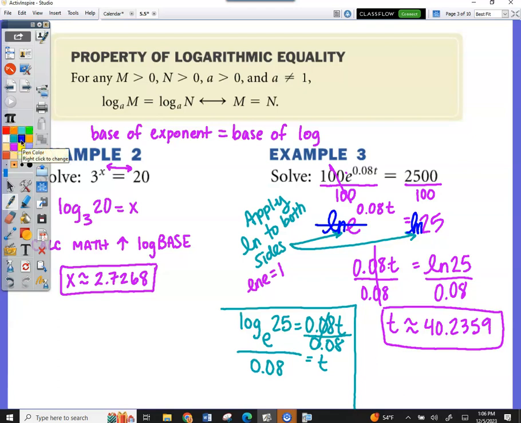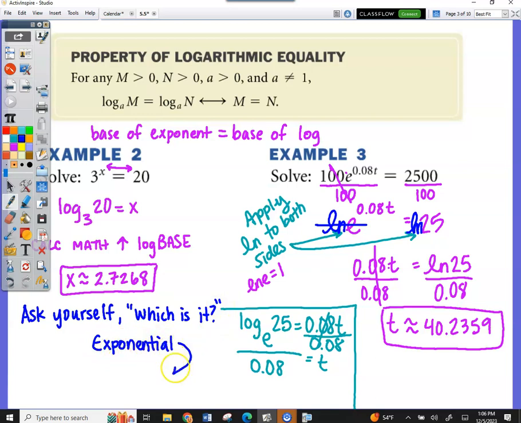I'm going to come over here and I want you to write this. Ask yourself, which is it? Is it exponential?